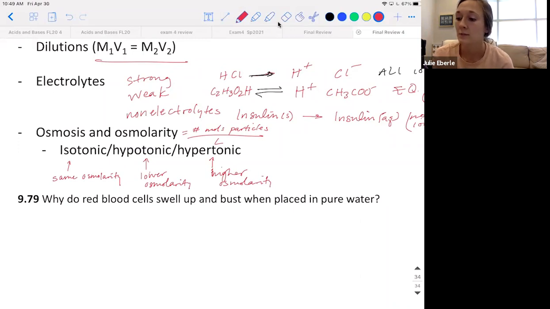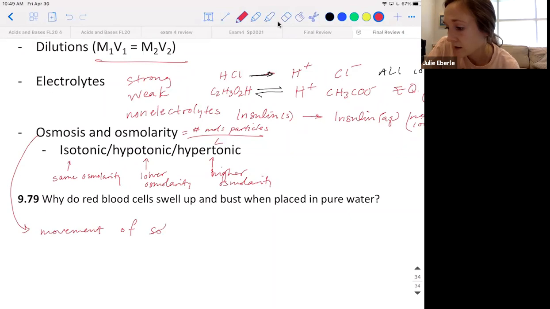And the whole deal with osmosis. Okay, so what is osmosis? We haven't even defined it. It is the movement of solvent.